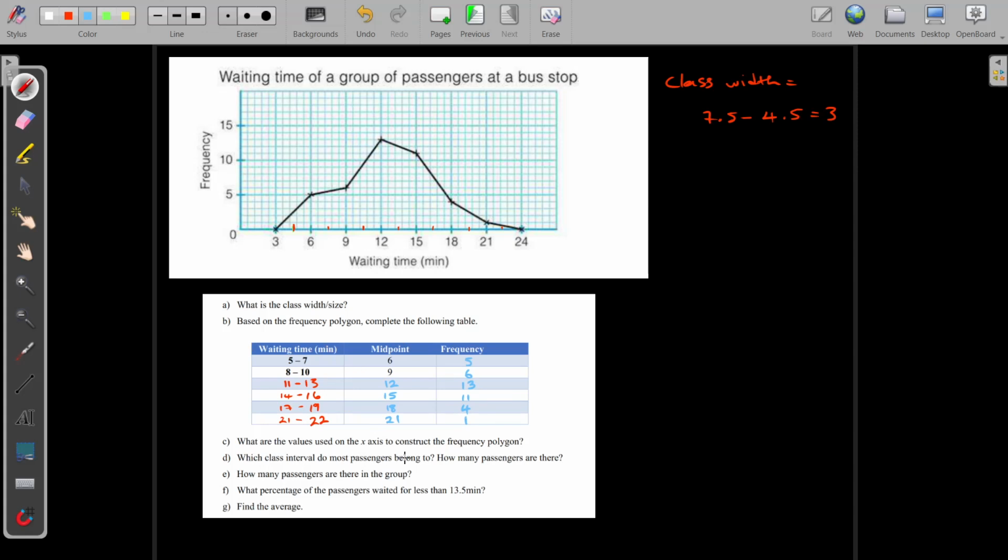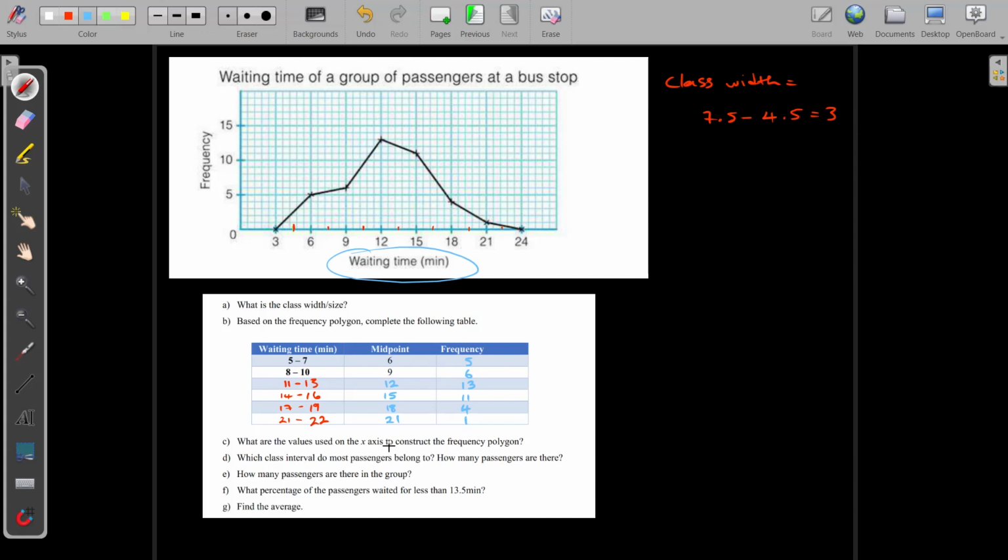So what are the values used on the x-axis to construct the frequency polygon? I'm assuming this is asking us what the x-axis represents. So it would be the waiting time.